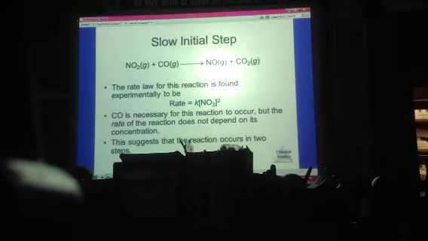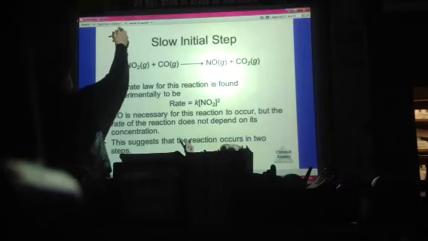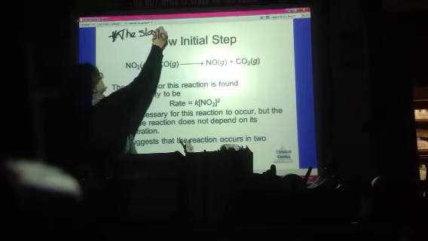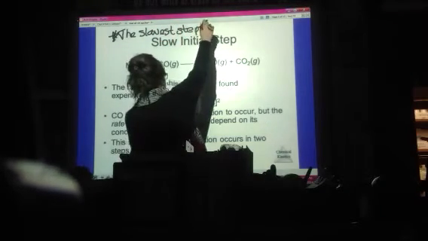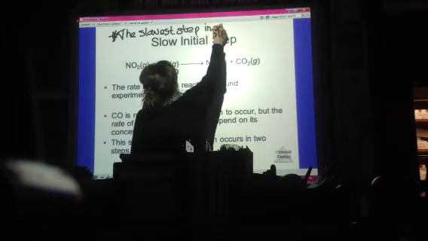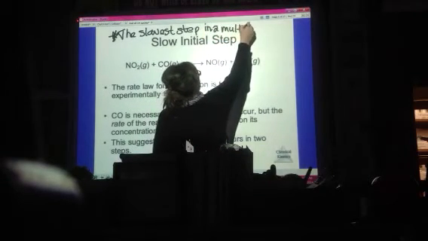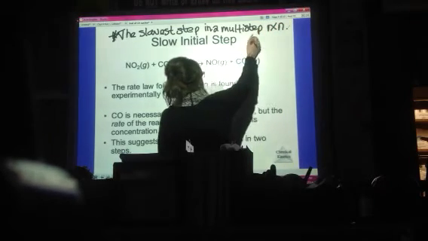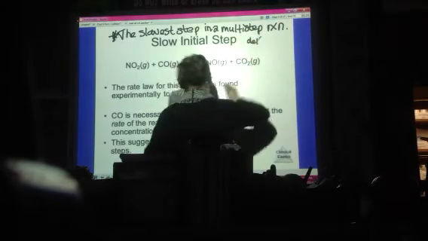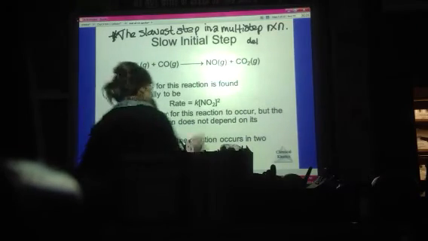Okay, so let's first talk about a slow initial step. And actually, let's say one thing first. The slowest step in a multi-step reaction, let's not say determines, let's say limits.